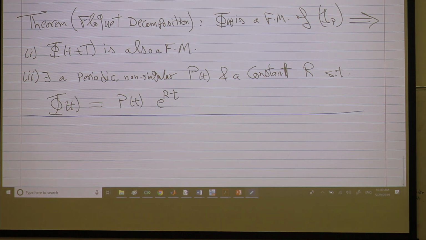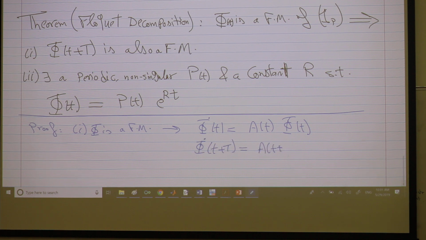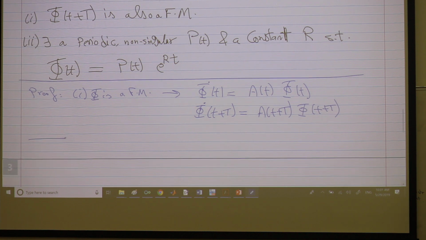So let's prove part 1, it is so easy. So what's the given? The only given here is that phi is a fundamental matrix, right? So we'll start with the given and try to reach the claim. Phi is a fundamental matrix, which means that it satisfies the differential equation. So phi dot at any time is A at the same time times phi at the same time, right? In particular, I will choose the time to be t plus T. But A is periodic, right?